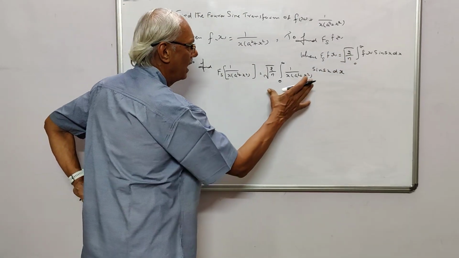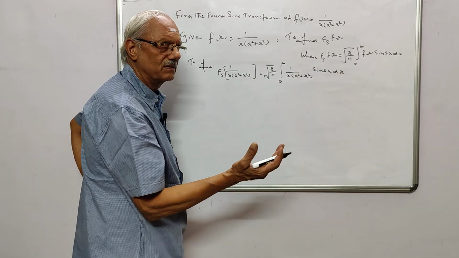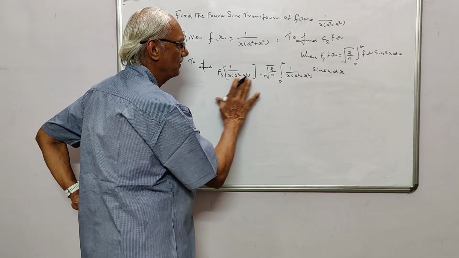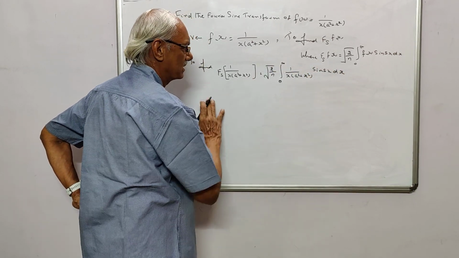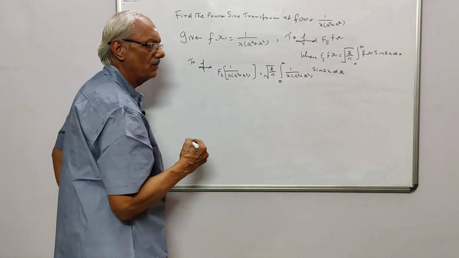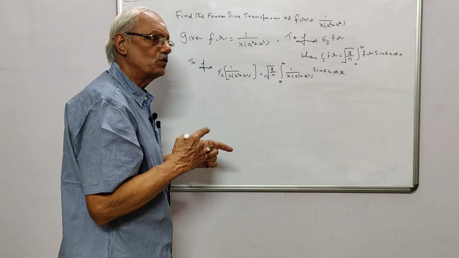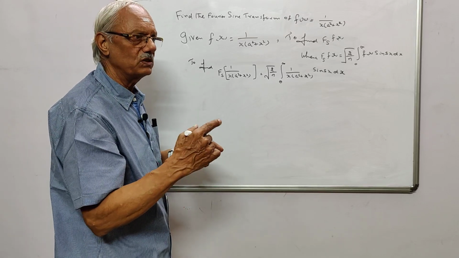So this is what I should find, the value of this. Can you understand? That means this is the Fourier sine transform of this. I am going to find the value of this. Now let me find this. This is not straight away, we cannot do. It requires a lot of working. So I will go step by step.